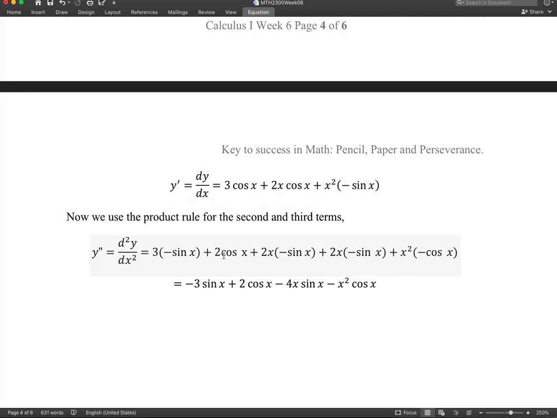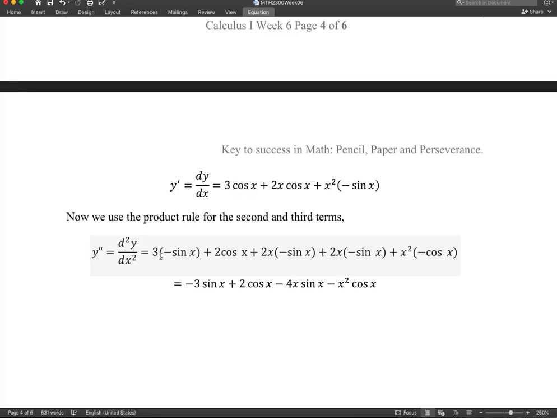Let me take a quick look to see that everything makes sense: 2 cosine x, 2x, negative sine x. Everything looks fine to me. And then this other term again requires the same product rule, certainly with different u's and v's. So u is 2x, I think it is fine, and then u is x squared, v prime, the derivative of negative sine x, is negative cosine x.